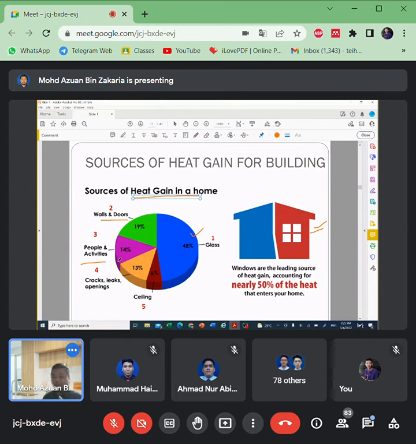Similarly, in a small room, if only one person lives there, maybe it takes time to get hotter. But in the same small room, if you invite 10 people, you can feel it very warm, maybe in less than 15 minutes, because of activity and release of heat. Next is cracks and leaks. What are cracks and leaks?